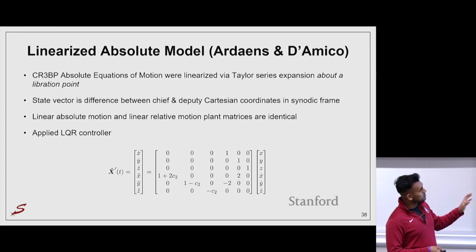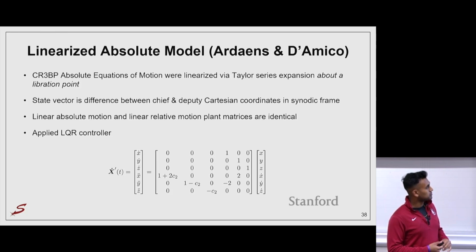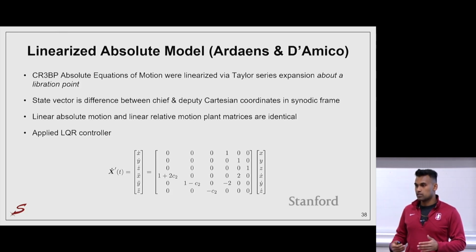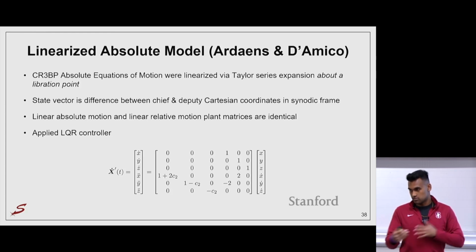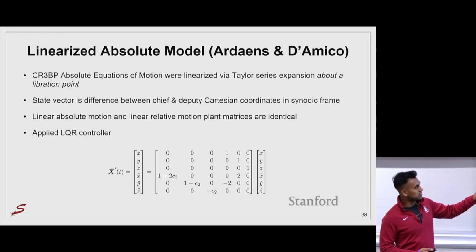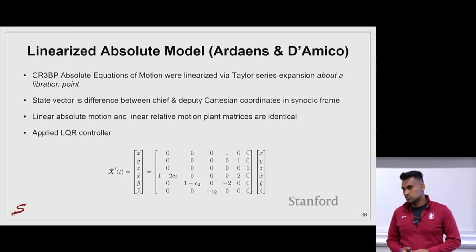And then they linearized about the libration point, and the state vector they used was the difference between the chief and the deputy in Cartesian space in that synodic rotating frame. What they found is the linear absolute motion and the linear relative motion plane matrices were identical.